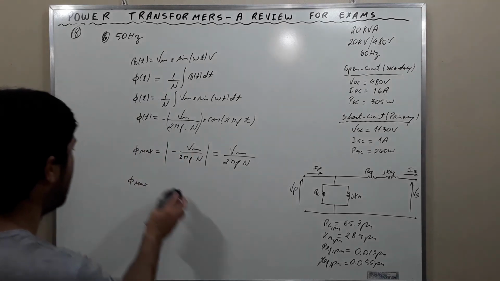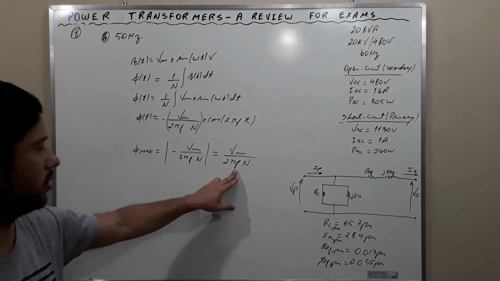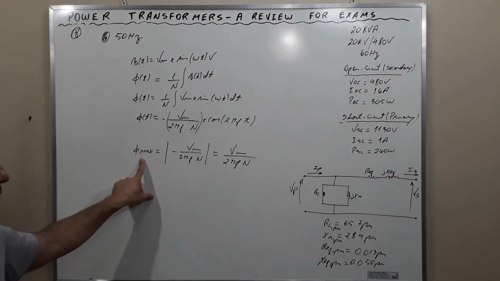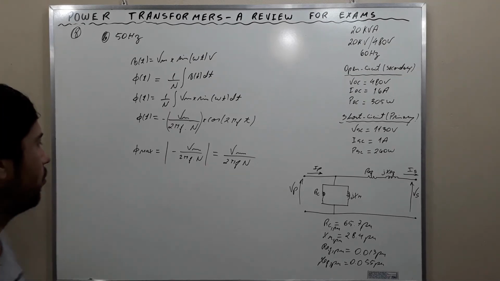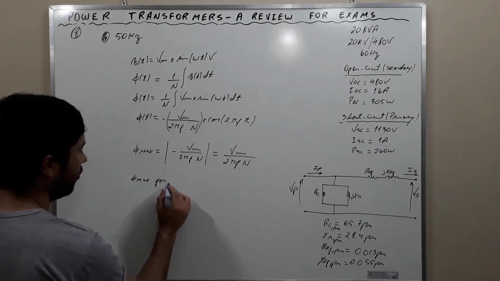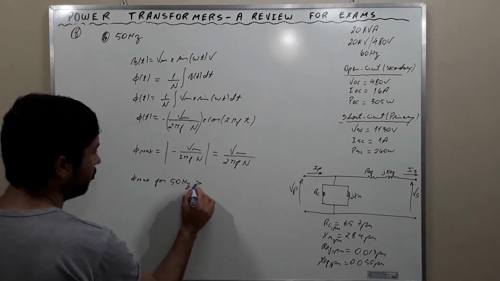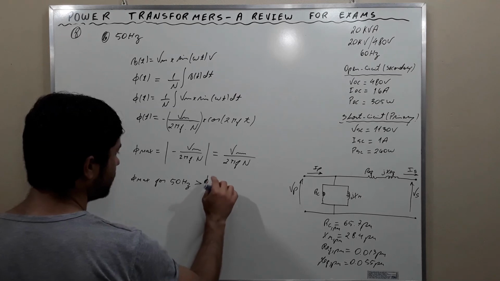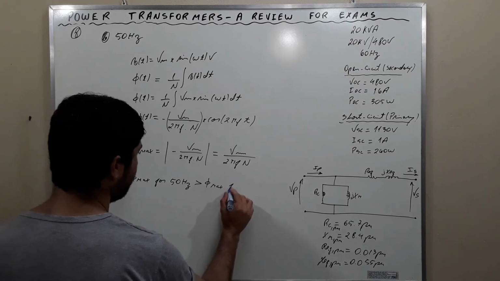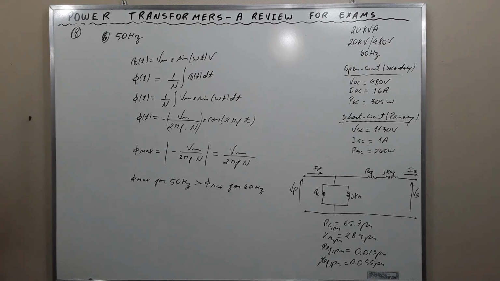Okay, the higher the frequency, the smaller the flux. If we increase the frequency, we decrease the flux. This is our conclusion. So the maximum flux for 50 hertz is greater than the maximum flux for 60 hertz. Okay, this is our conclusion.